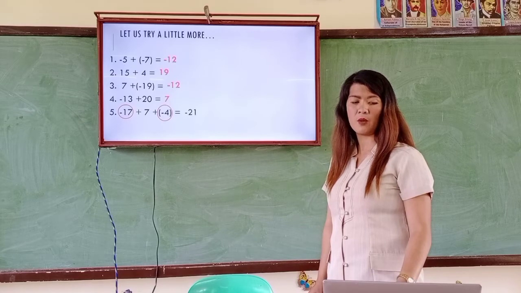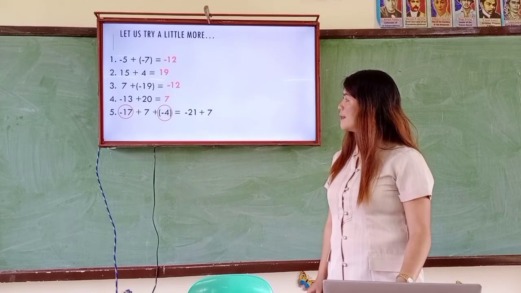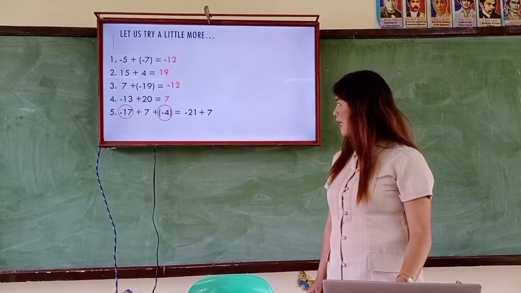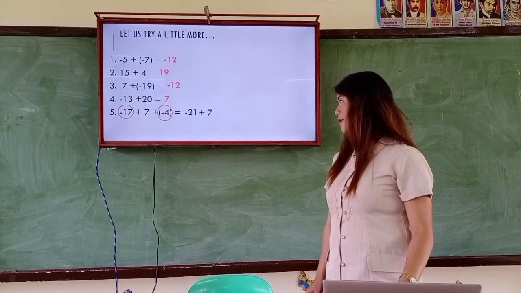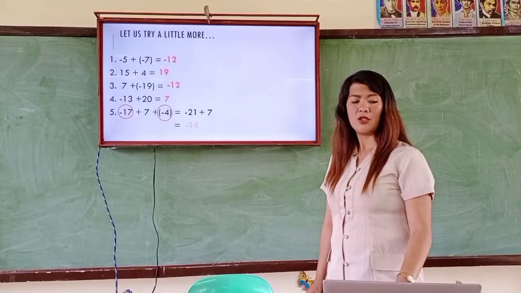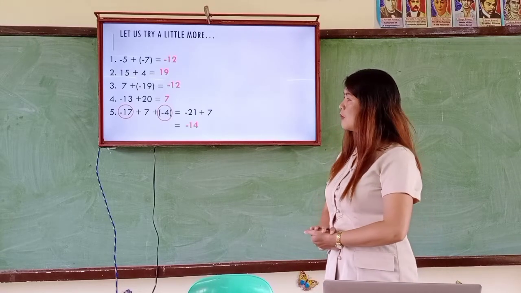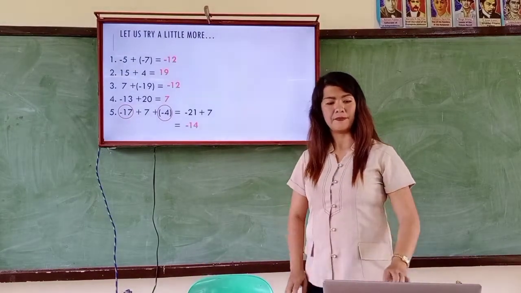So negative 21, then add 7. Since negative 21 and 7 have different signs, subtract and copy the sign of the integer with the greater absolute value. So negative 17 plus 7 plus negative 4 is equal to negative 14.